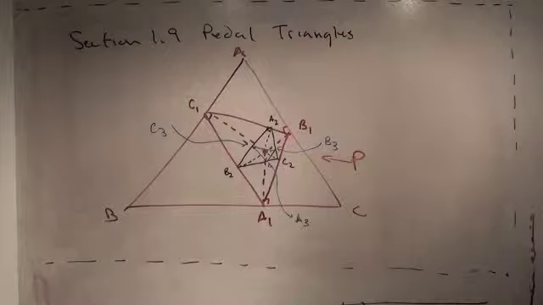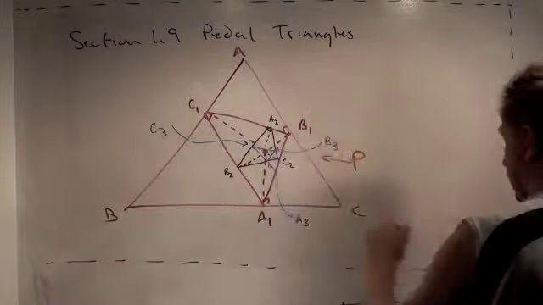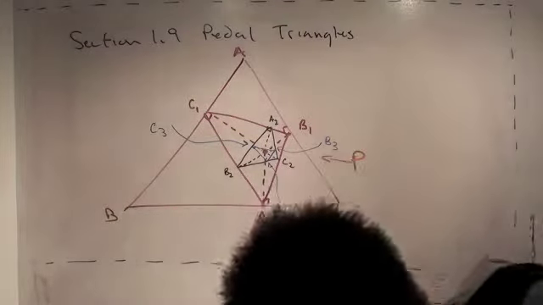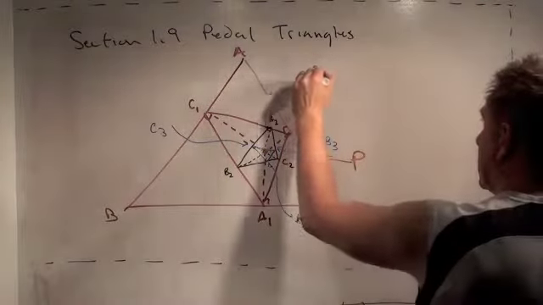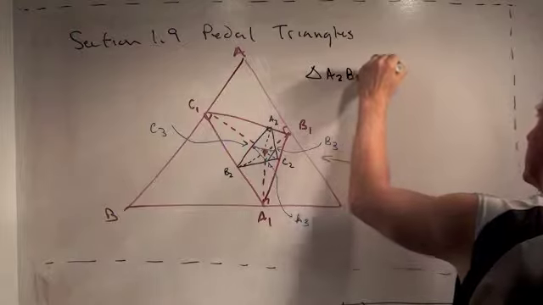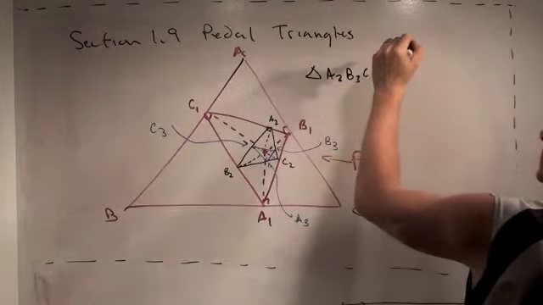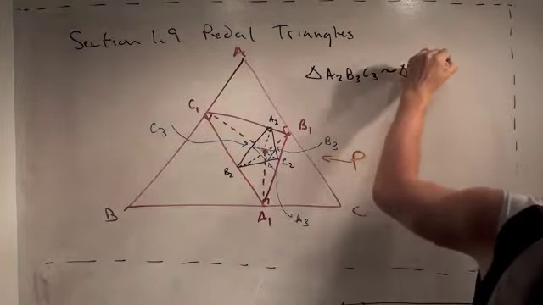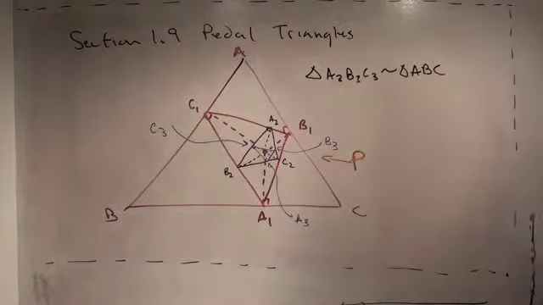And the theorem that they show in the book is that triangle A3B3C3 is similar to triangle ABC. So the third petal triangle is similar to the original triangle.